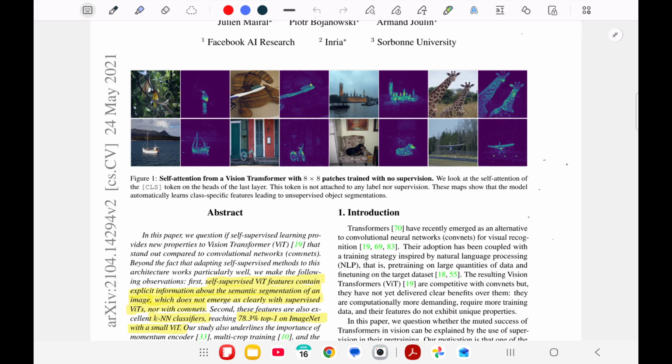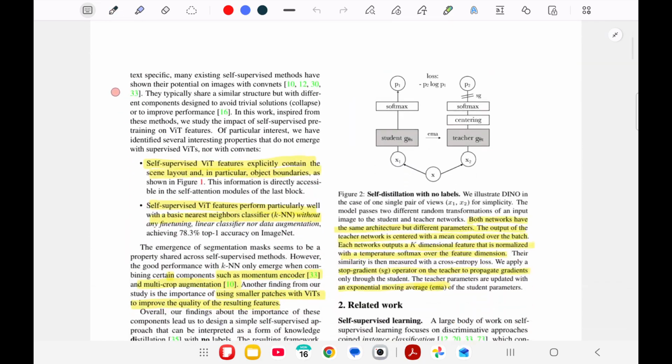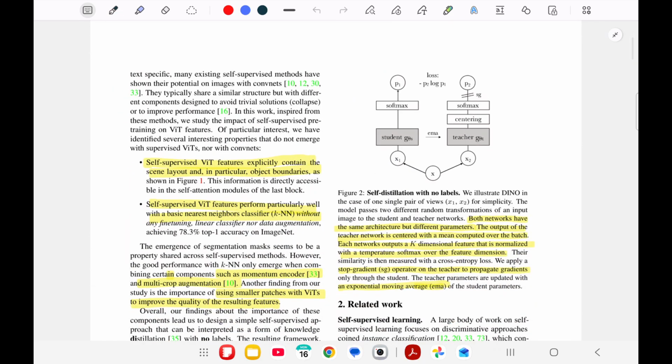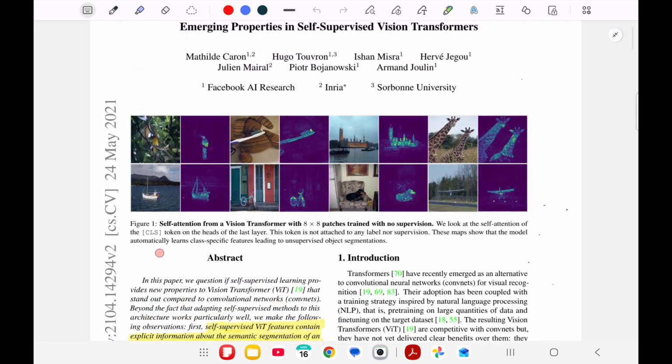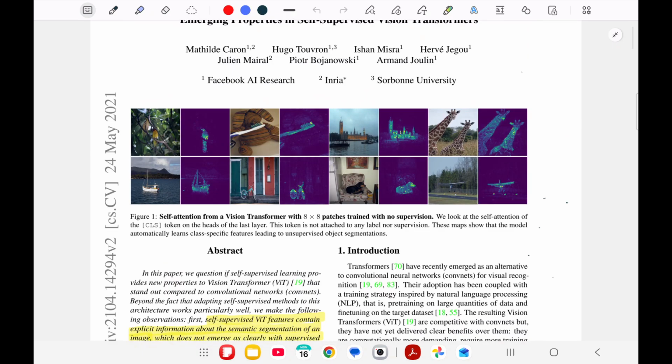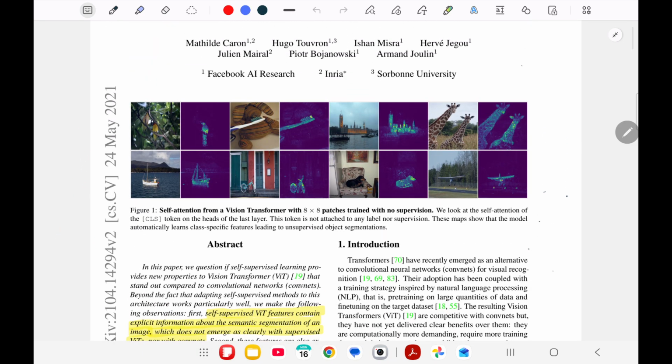Instead they have a student-teacher method, which is something similar to what we have seen in distillation, where they try to teach a student from a teacher, and somehow they are able to get very good results. The results are really good in the sense that if you visualize the self-attention of the class token, it looks almost like a segmentation mask.